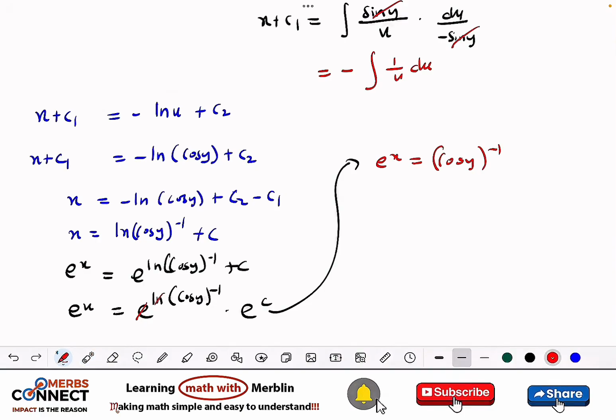So I can write this as k, because e to the power a constant, like let's say e to the power 5, will give us another constant, so I can make it k.